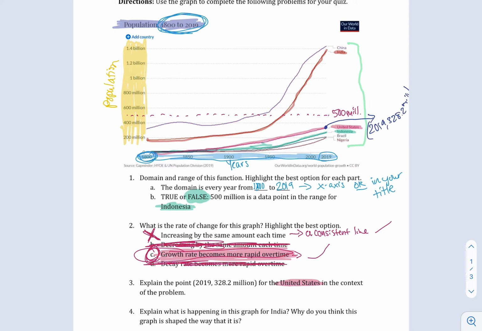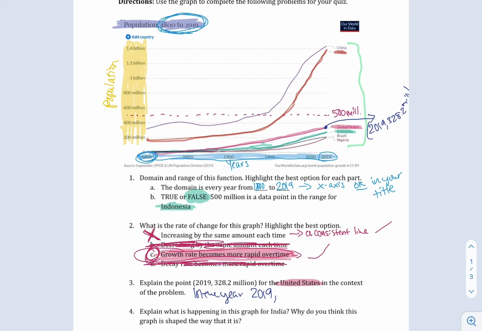Okay. So I want to understand what that means in terms of the x-axis and in terms of the y-axis. So we already labeled earlier that the x-axis represents the years, right? And the y-axis represents the population. So I'm going to go ahead and take my first point, 2019, and say in the year 2019, because that's what it means. And now I'm going to talk about the y-axis, what that y value means.